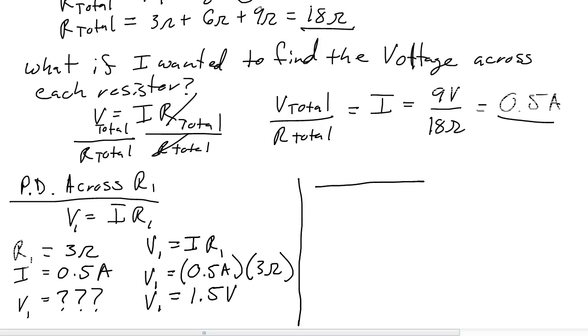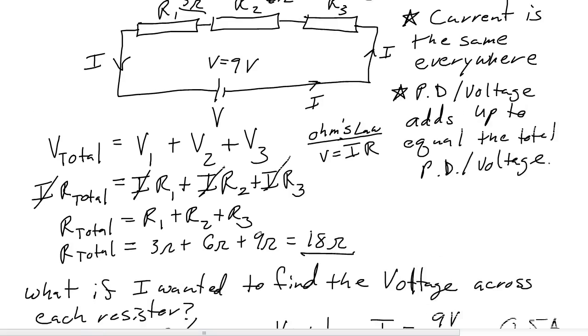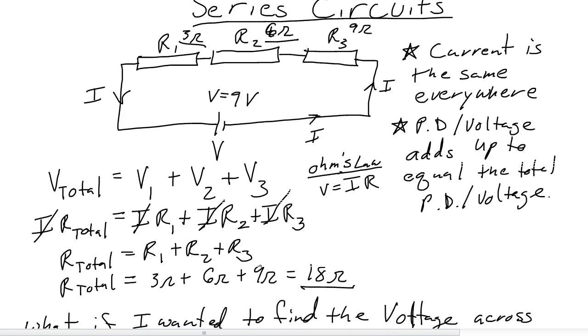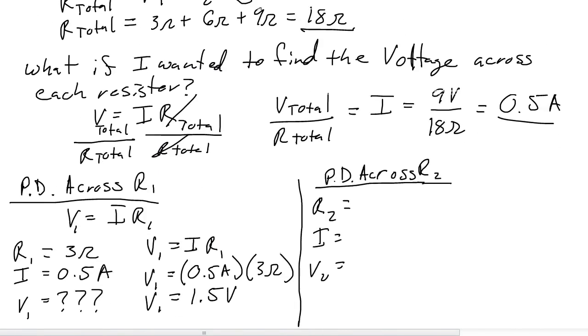So let's find the potential difference across the second resistor. Okay, so R2, I, and V2 is what we're going to need to do this. If I look up here, I see that R2 for this one is 6 ohms. 6 ohms is my resistance. My current, because it's a series circuit, is the same everywhere, 0.5 amperes.